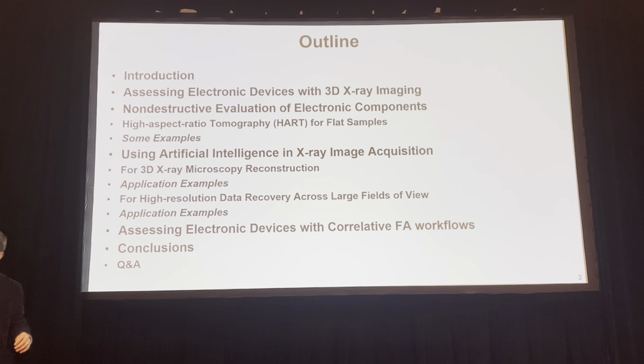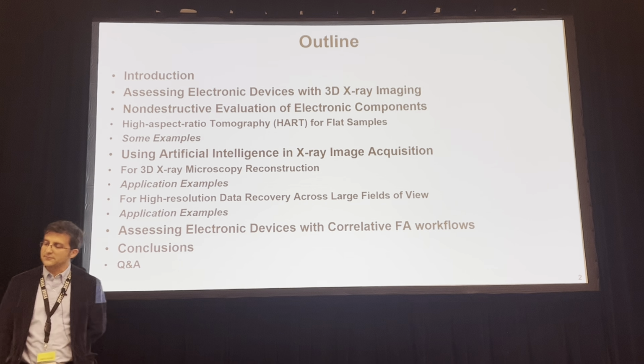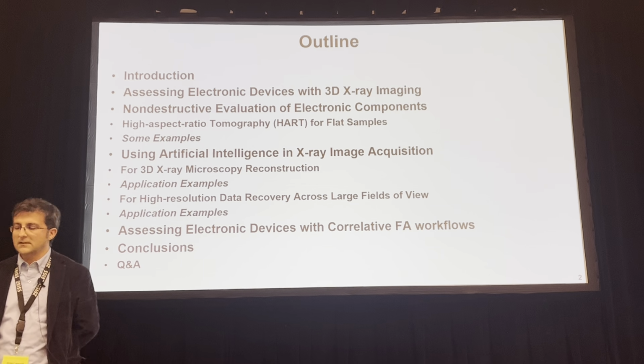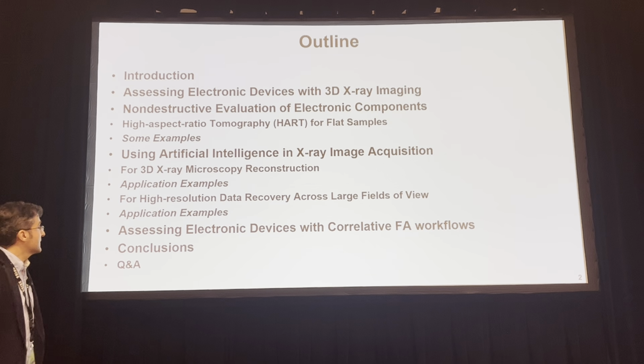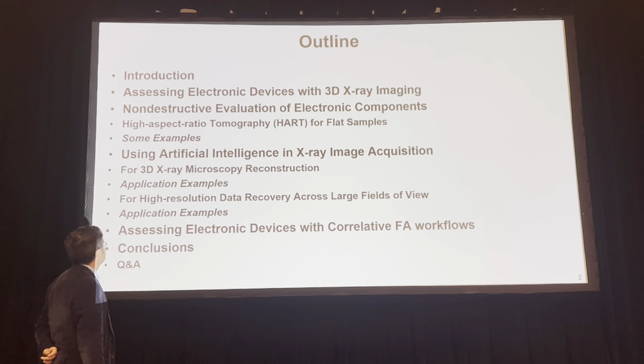So, a quick outline. I'm going to do a quick introduction to the main technique and give you some examples. Then I will talk about how to use artificial intelligence to analyze 3D data from X-ray image acquisition.